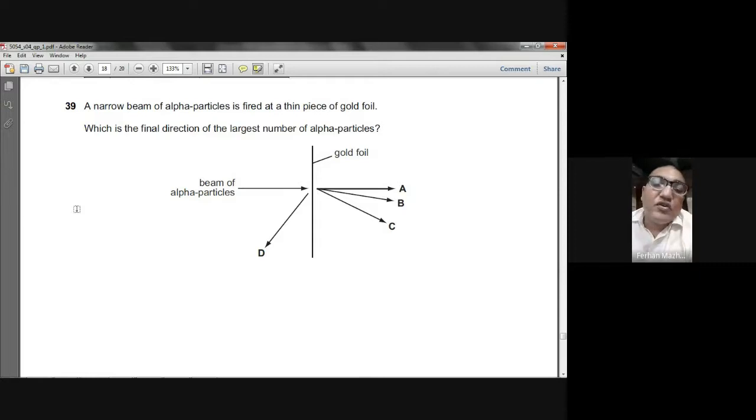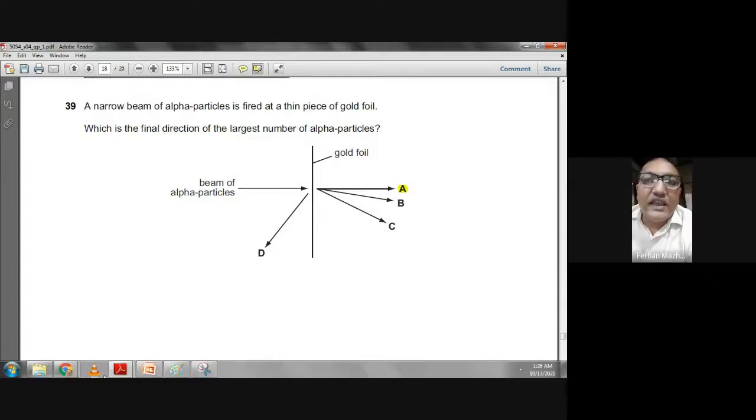With the help of a photographic film, they observed in which direction the alpha particles go. Most of the alpha particles went straight, like there's nothing in their path. Very few alpha particles were deflected at a larger angle, and very few were deflected backward.